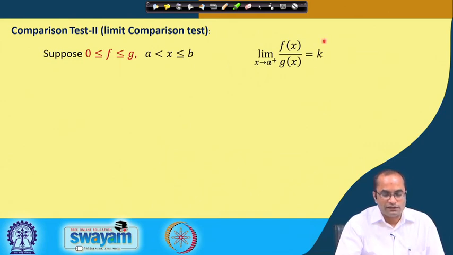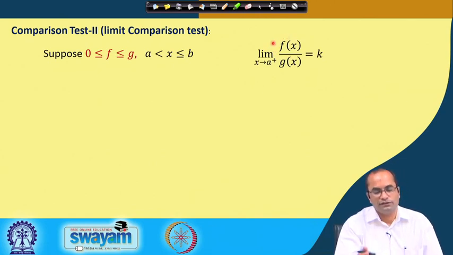In that case we compute the limit as x approaches a plus, because our problem is when x is approaching a. We take the ratio f(x) over g(x), and we have to find for what g we get this conclusion. So we take another function based on the given function f. This will be clearer when we discuss the examples.